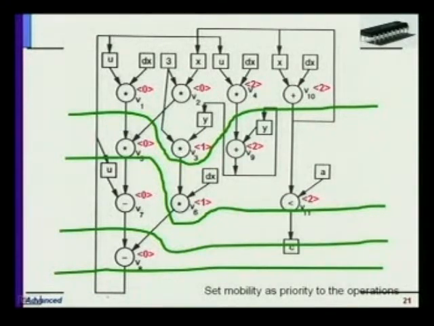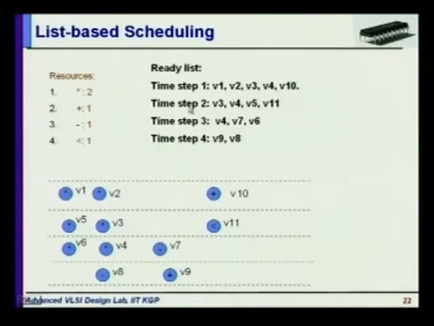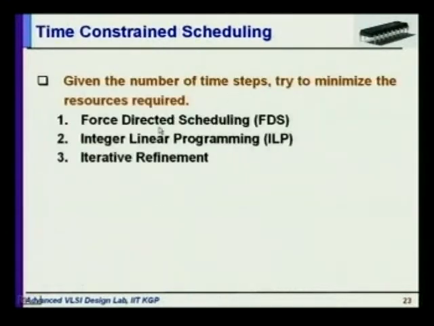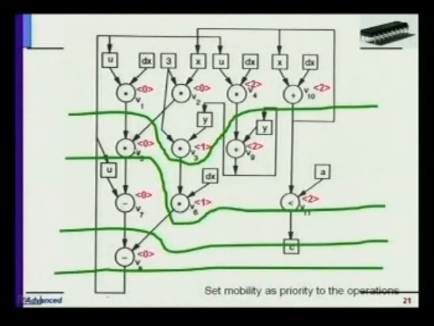Now you have a conflict, so you use the priority rules. You see that these have mobility 0, so they have the highest priority. Among these four you select V1 and V2. So you schedule V1 and V2, and V10, since only one adder is available and there is one addition. When V1 and V2 are scheduled, V5 is now in the ready list.